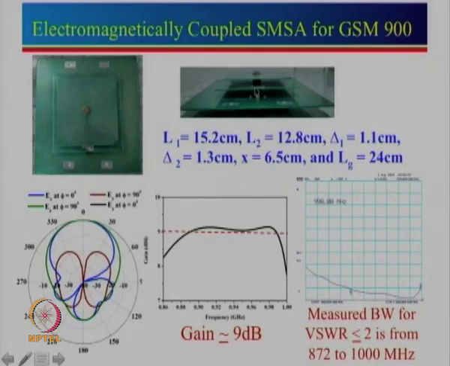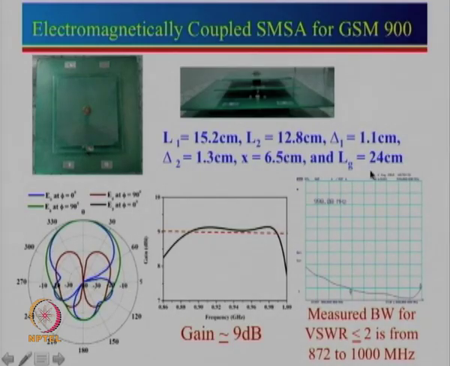The top patch length L2 is 12.8 centimeter, and the air gap between the two is now 1.3 centimeter. Basically, this gap has been chosen such that the loop size is optimized, and the feed point is again very close to the edge, which is at 6.5 centimeter. You can see that this is the feed point over here.